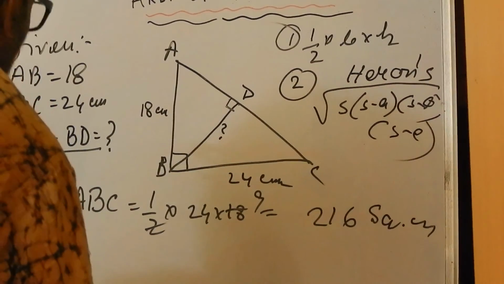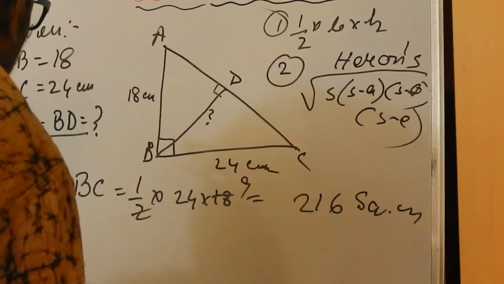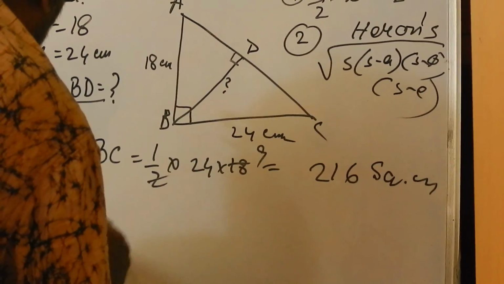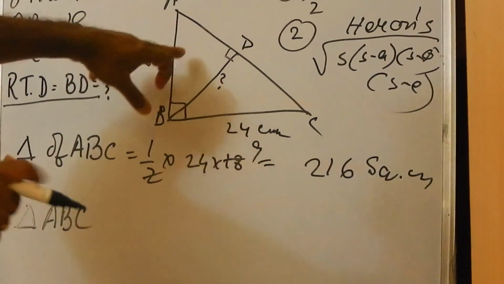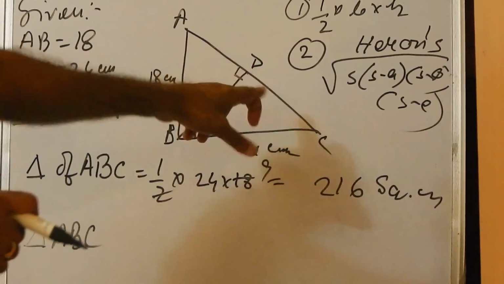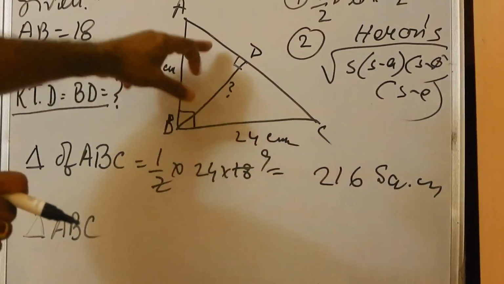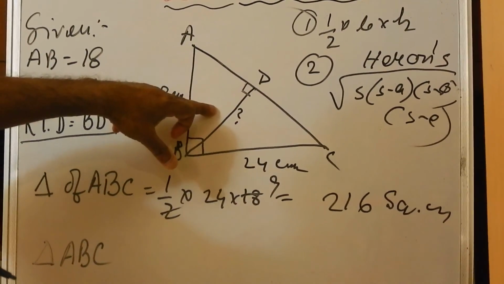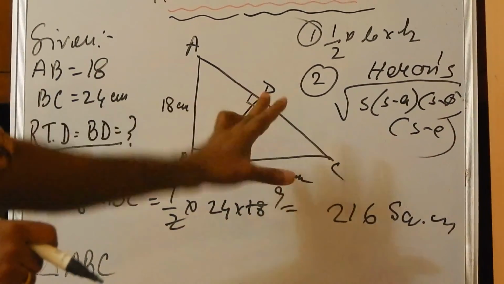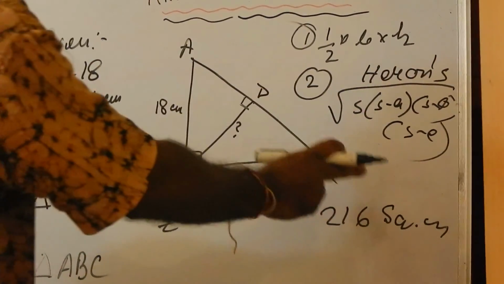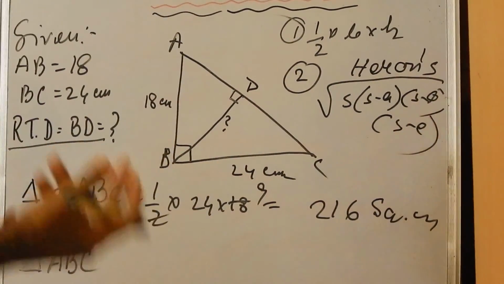And now from ABC, what we told that for this triangle BD was height and AC was the base, but BD is unknown to us, AC is also still unknown to us. So our first duty is to find out the value of AC, and it is very, very easy.